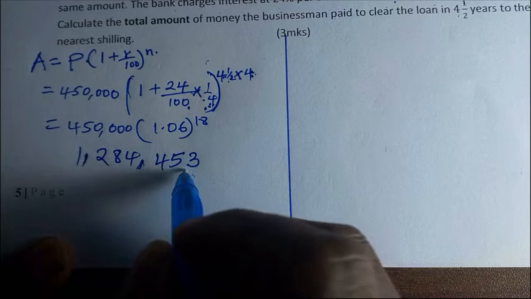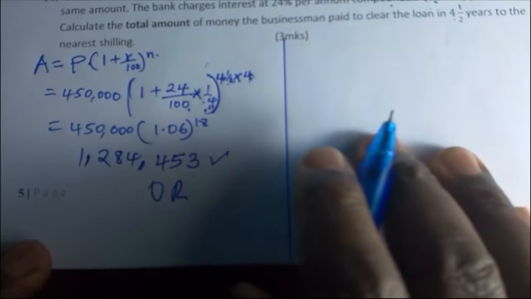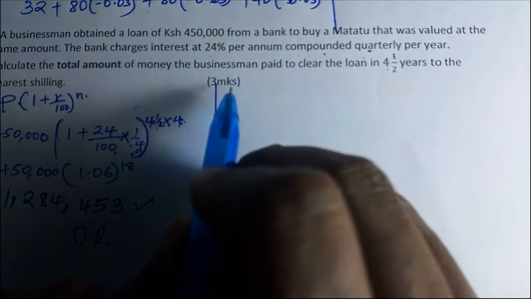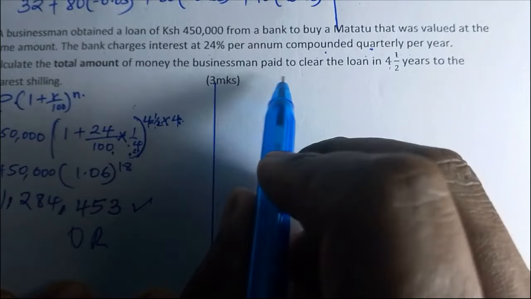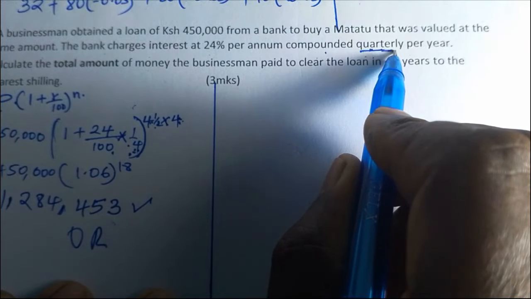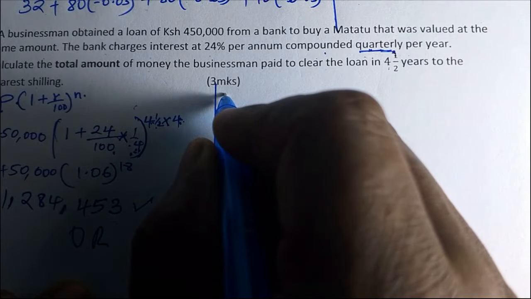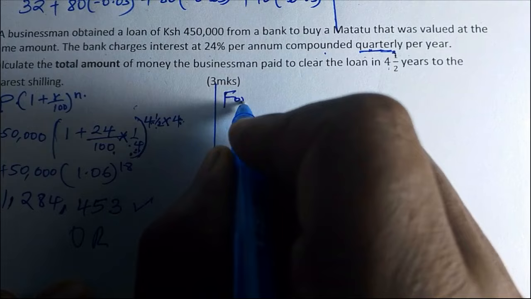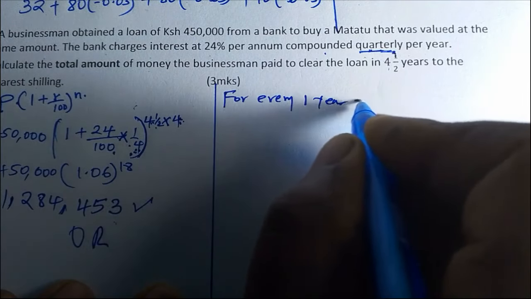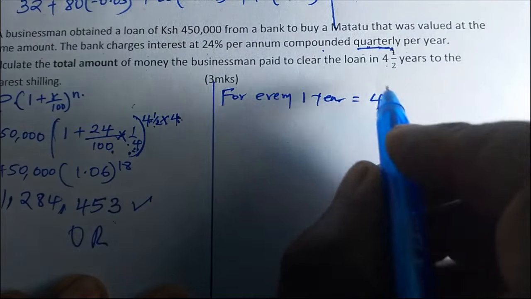So let me do the other method. It means that for every year there are 4 periods of payment for interest. So in 1 year, 4 periods. So what about 4.5?